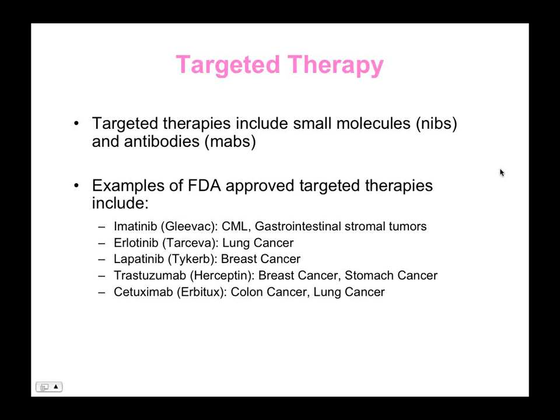And there's a long and growing list. This is just a few examples of some of the FDA-approved targeted therapies right now. So you can see from my list here that in multiple tumor types, these targeted therapies are being approved, studied, and used for treating various types of cancer.